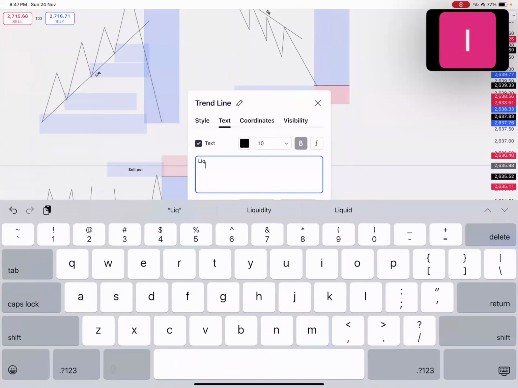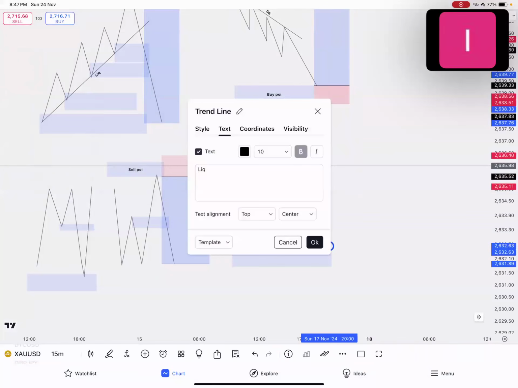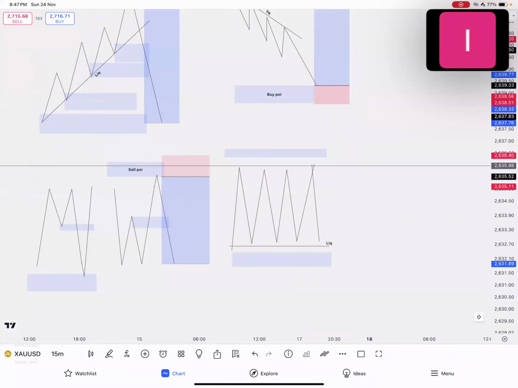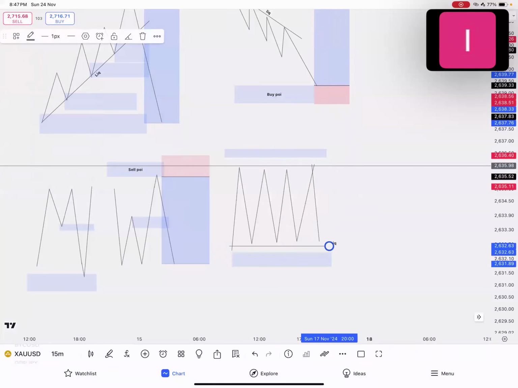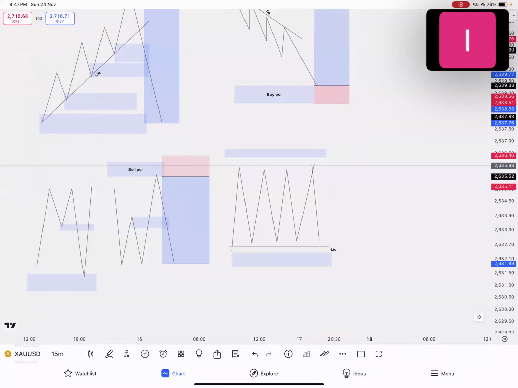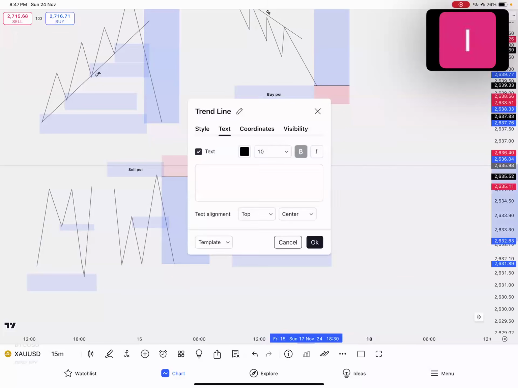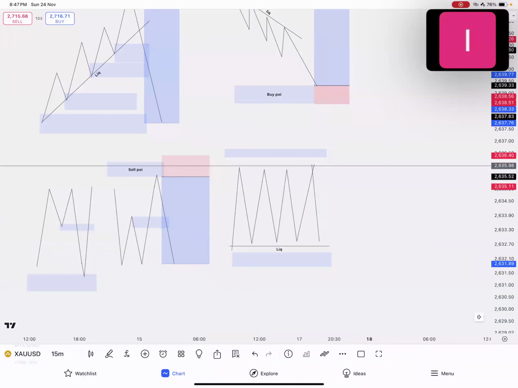So there's liquidity laying down here. And there's also liquidity laying where? Up here.